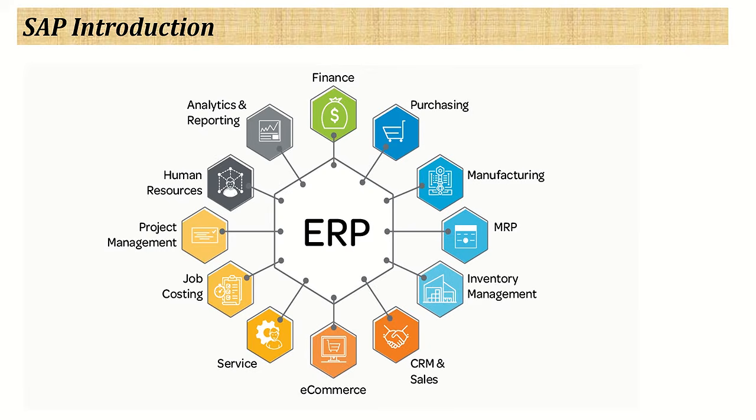So here we can see in an organization there are different departments: purchasing, finance, human resource, service, CRM, but they all use a centralized database system. So even if the CRM is placing the order, the purchasing can track the details. After the sales or service, the finance department can check the payment of the customer.